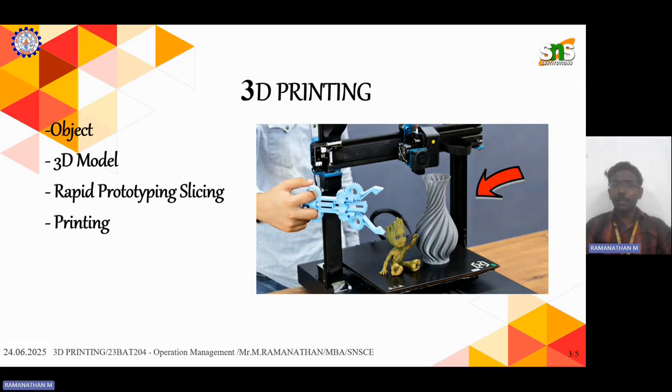Automatically, based on the material and the design, the product will be created layer by layer. So printing is important. 3D printing always has separate software for the designing. Once you give the design, the particular object will be created automatically.